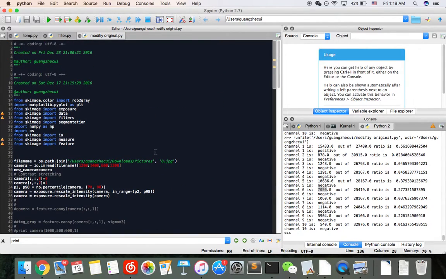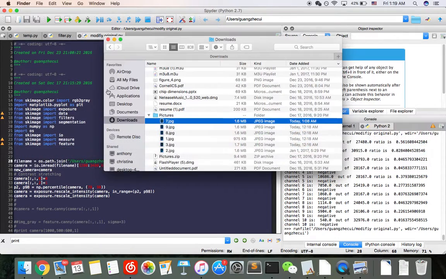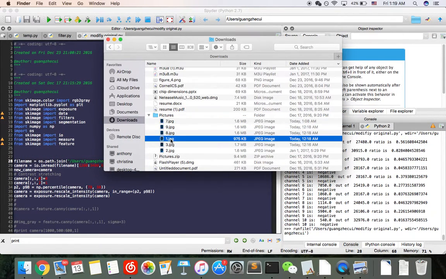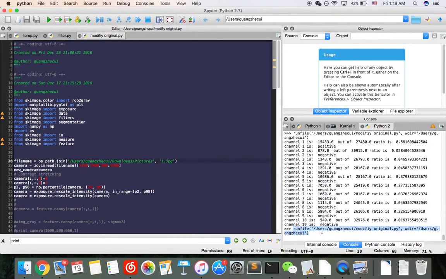So let's test this algorithm out on several pictures. Let's try picture 1, which is this one. As you can see, this should be positive, negative, positive, negative, and it's running here.